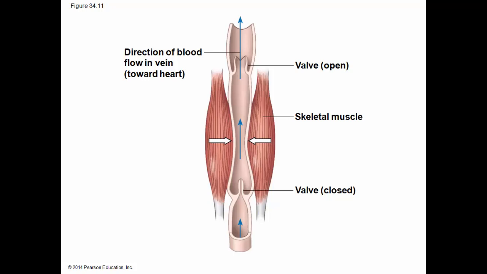So here's a diagram of what looks like blood coming up from the foot through the leg, and then there are these valves in the venous system. And these valves close and prevent blood from draining back into the foot. If you do get blood draining into the lower extremities, I believe that's called edema, or that might have to do with water.